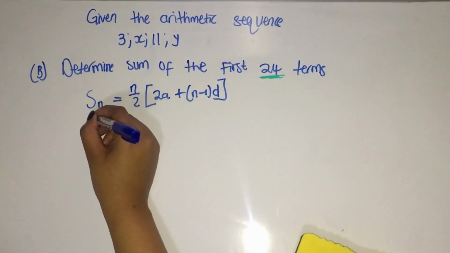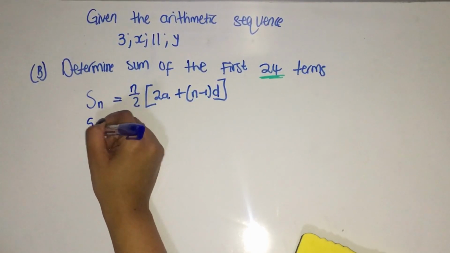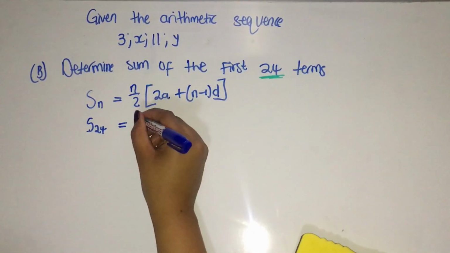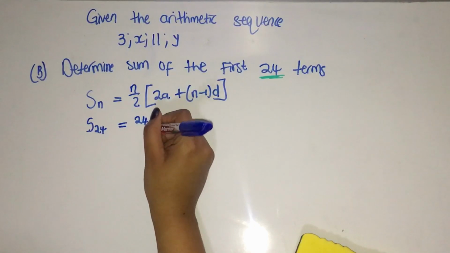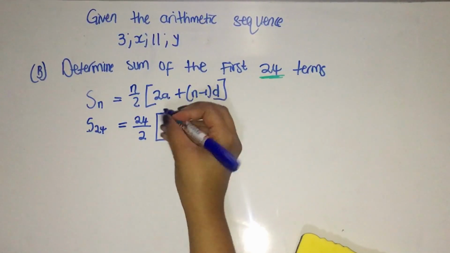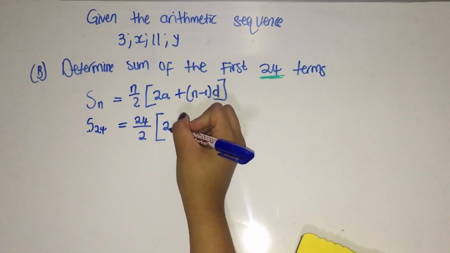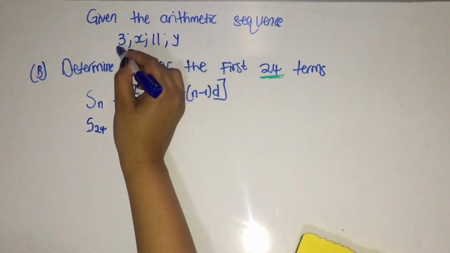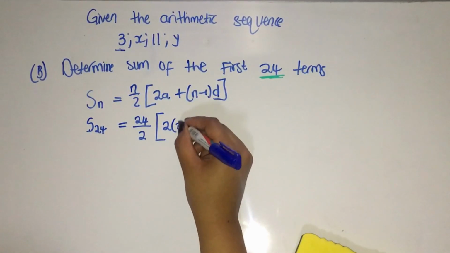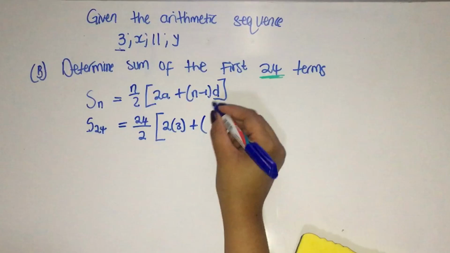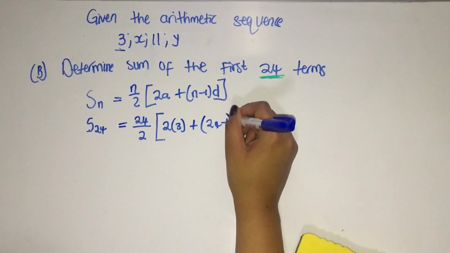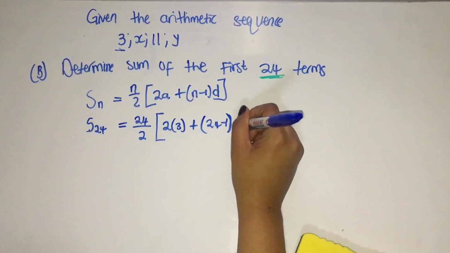So this is going to be S24, which is equal to 24 terms over 2 multiplied by 2 times our a, the first term there, which is 3, plus our n, which is 24 minus 1, multiplied by the difference, which is 4.